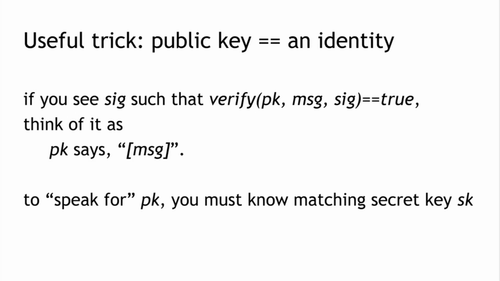You can literally think of a public key as kind of like an actor or a party in a system, and that they can make statements by signing those statements. And so if you think in that mindset, then this public key is like an identity. It's an actor who can do stuff in the system. And for someone to speak for PK, that is, for someone to be able to make statements that will be seen as coming out of PK's mouth, you have to know the matching secret key, SK.